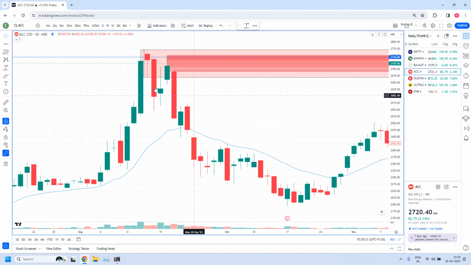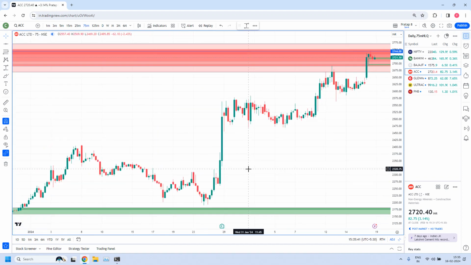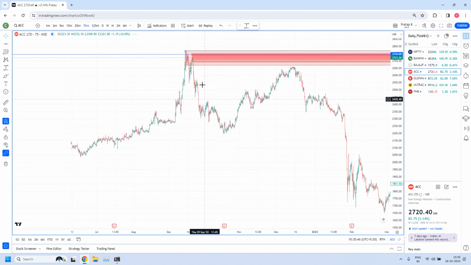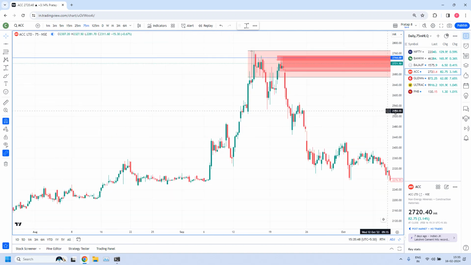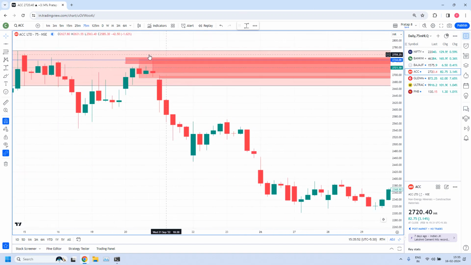First, let us look into this zone. This is a rally based drop on a daily time frame, and after that we fine tuned this zone to the 75 minutes. Sorry, not 270 minutes. This is the 175 minute zone.